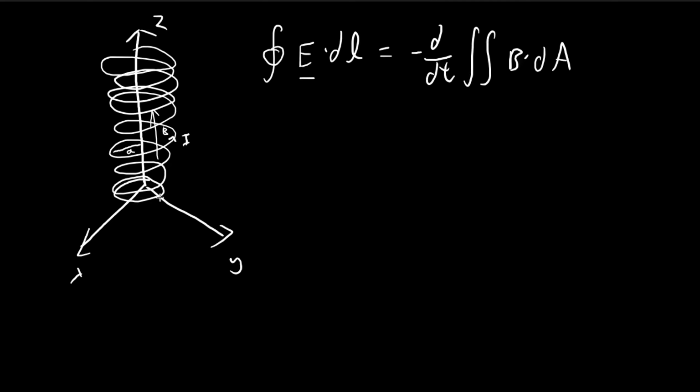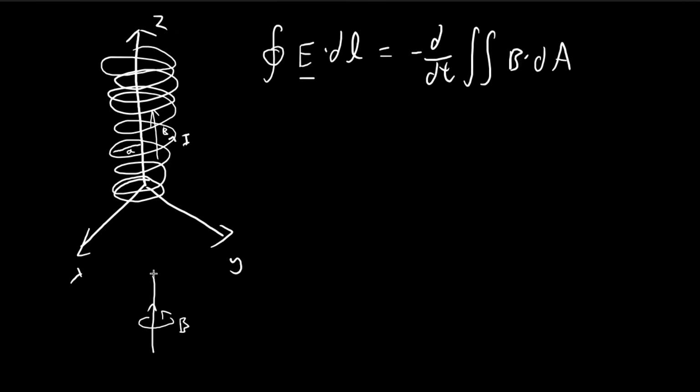Essentially, you can apply all the symmetry arguments you did in chapter 5 when you dealt with problems involving Ampere's law. Back then, if you had an electric current going upwards, it would generate a magnetic field that goes around. This is essentially the same thing, only this time we've swapped the places.